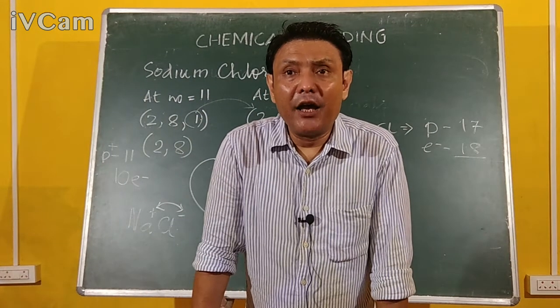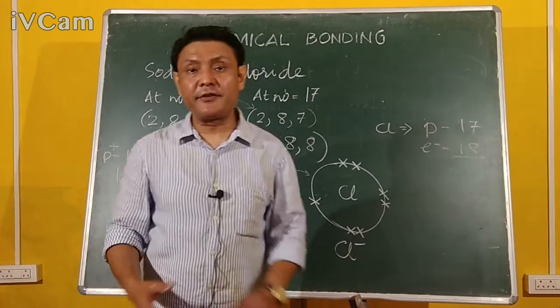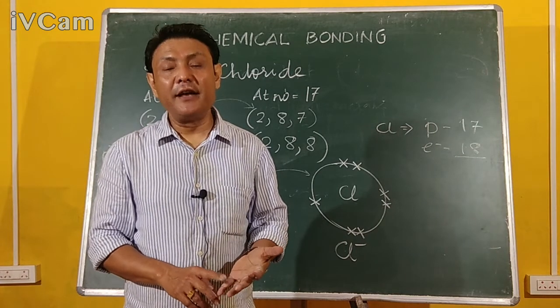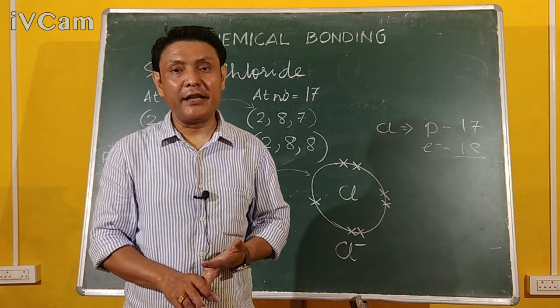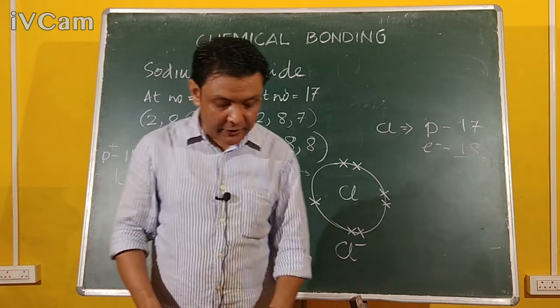Metals will have 1, 2 or 3 electrons in the valence shell, whereas non-metals will have 4, 5, 6, 7 electrons in the valence shell. And if it has 4, we consider it a metalloid.